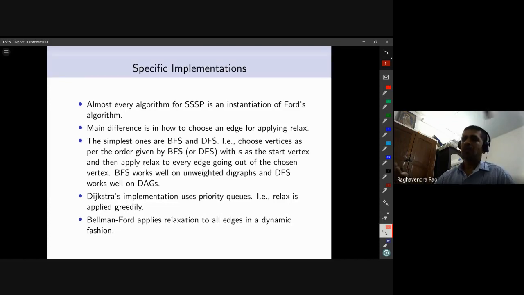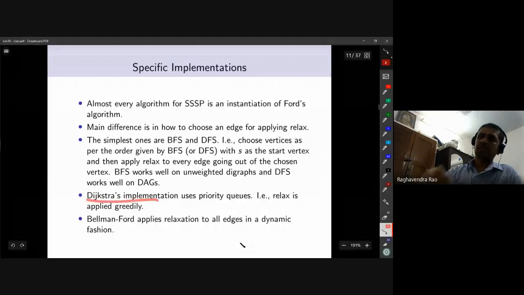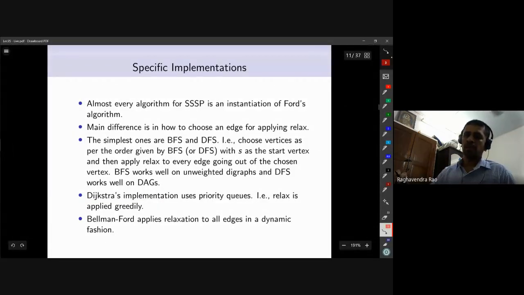Two other prominent, in fact celebrated, implementations are Dijkstra and Bellman-Ford. There are lots of other implementations too, but these are the ones taught very often, and they are also fairly efficient, particularly Dijkstra. Dijkstra uses priority queues, and the relaxation is applied based on extract-min from the priority queue.